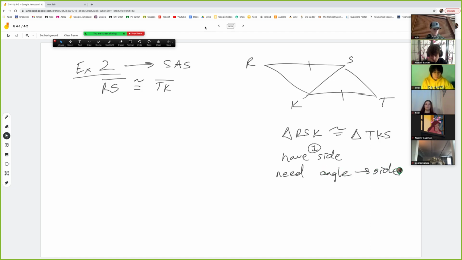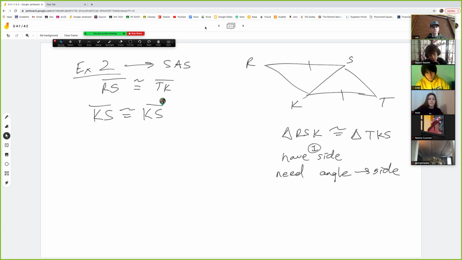Somebody give me a side that we automatically know is congruent based on the picture. RS and TK. Or I mean KS. Well, KS is congruent to KS.